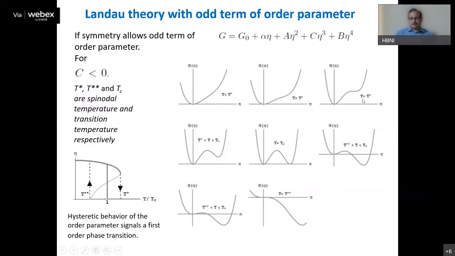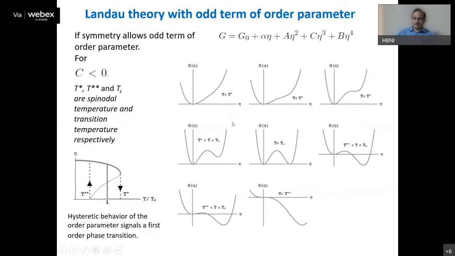And at a certain temperature, we can mark it as T star, which is also called the first spinodal temperature, you start getting some metastable phase. So you have a point of inflection, and then you have some region where the curvature is like this. This corresponds to the metastable phase.